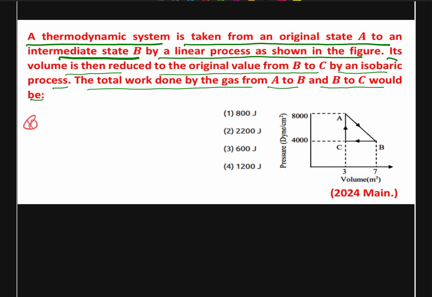We can say that work done will be equal to area of triangle ABC, and that will be equal to half into base into height.